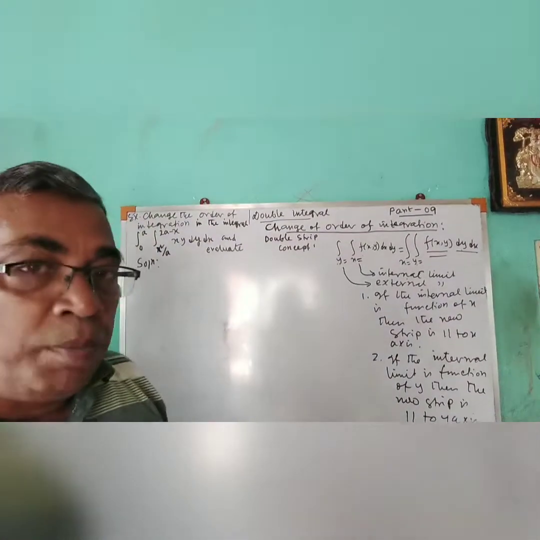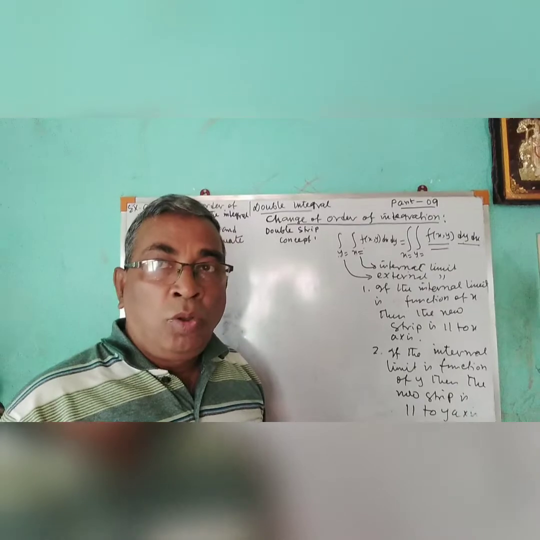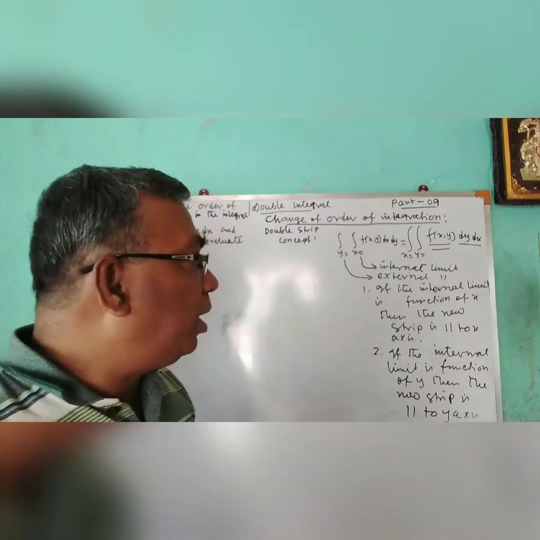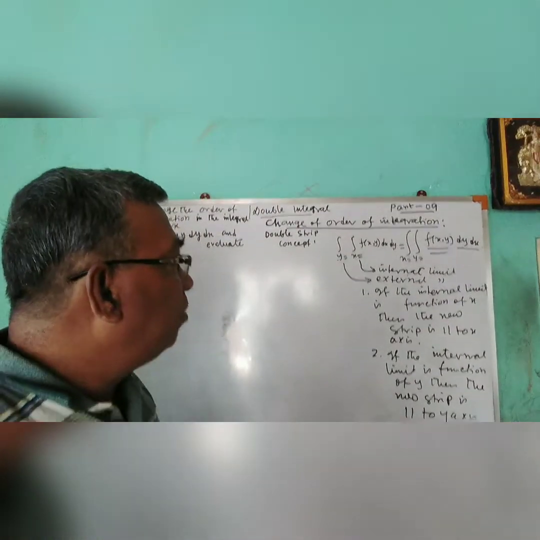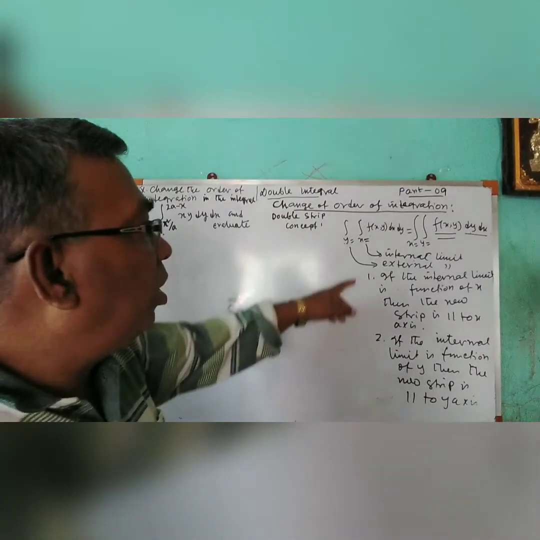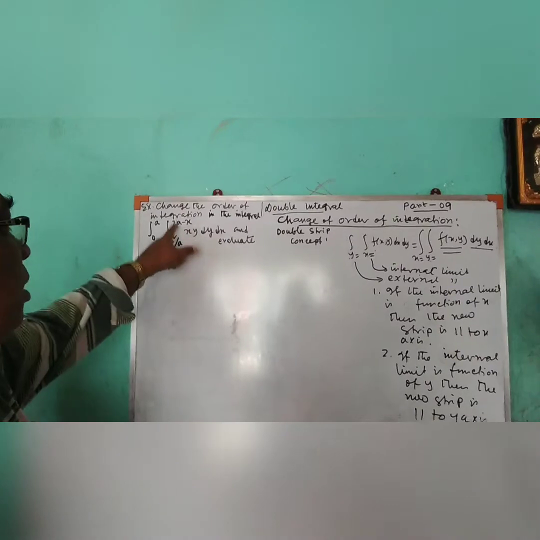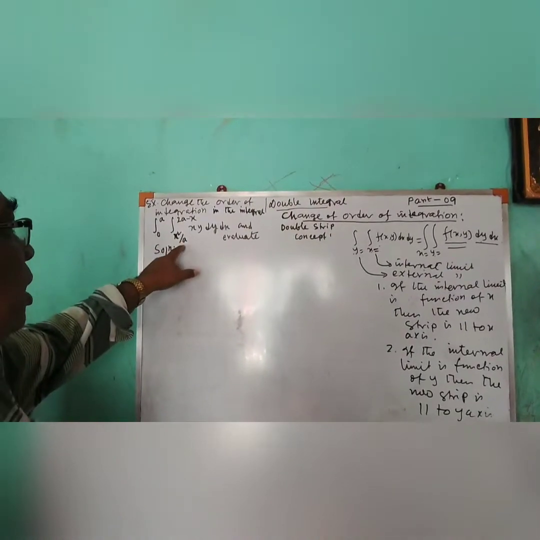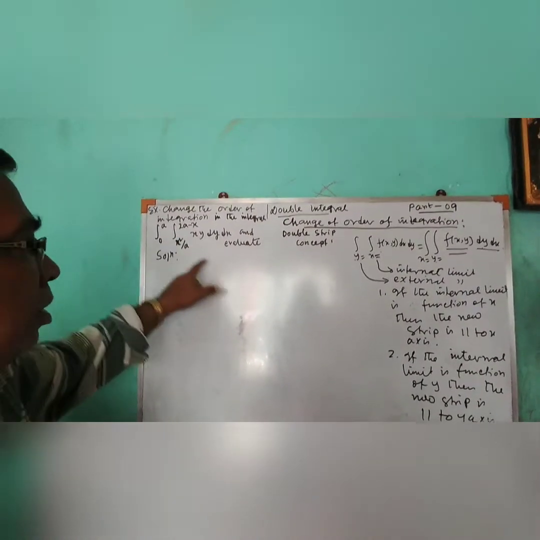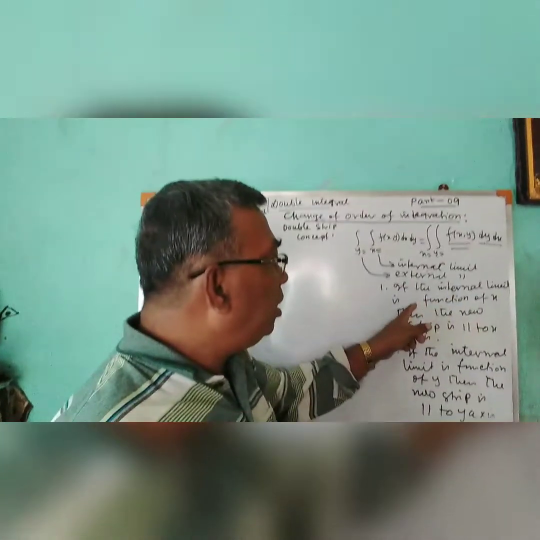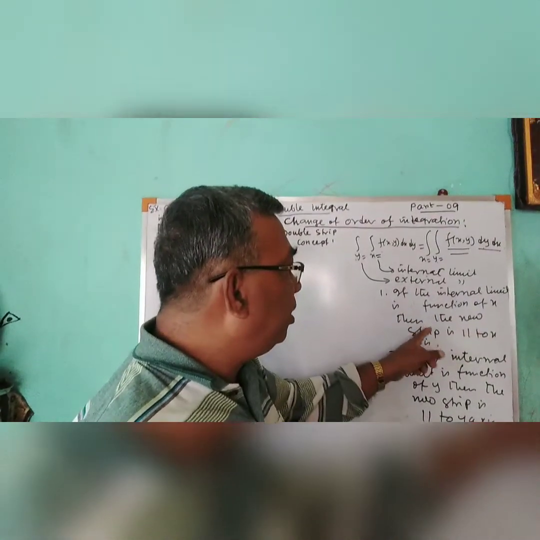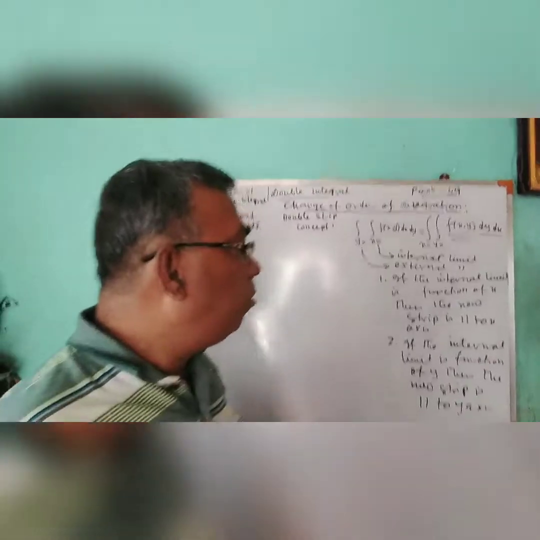In change of order of integration, you have to remember two very important things. You have to concentrate only on the internal limit. Here this is the internal limit, and this is the external limit. If the internal limit is a function of x, then the new strip is parallel to x-axis.